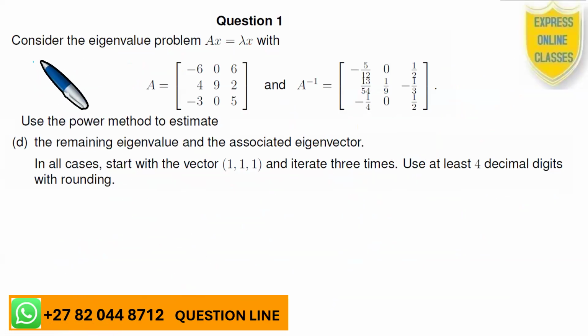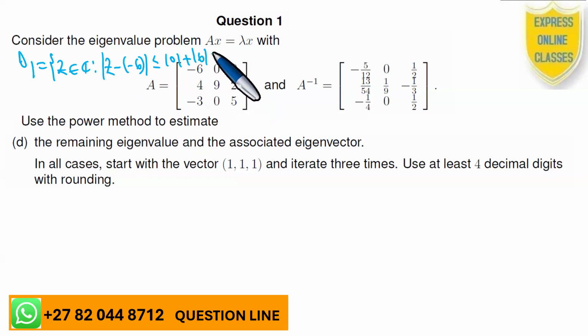Disk 1 contains Z in the complexes such that Z minus 6 is less or equal to the off-diagonal entries in the first row, which are modulus of 0, modulus of 6, and this would be 6. That became the first disk.